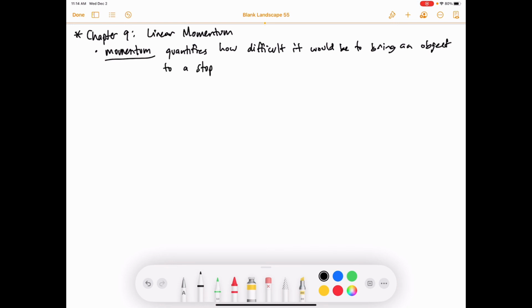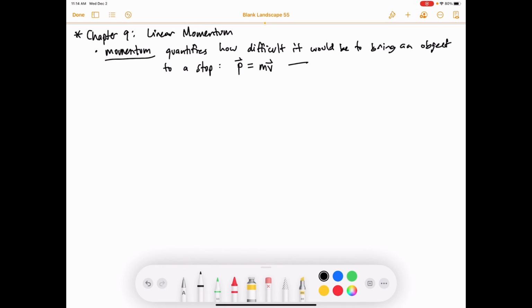So, of course, the more momentum an object has, the more force you would have to apply in order to slow it down and bring it to a stop. That's the idea. So the definition in terms of an equation is p equals mv. You just take the mass of an object and multiply by its velocity, and you get its momentum.